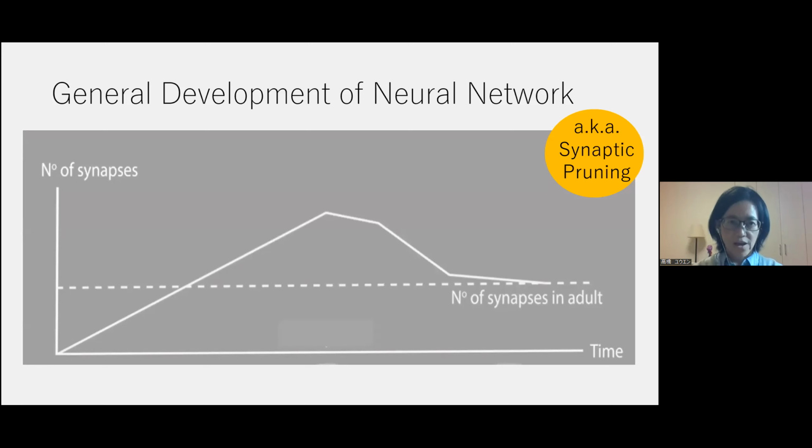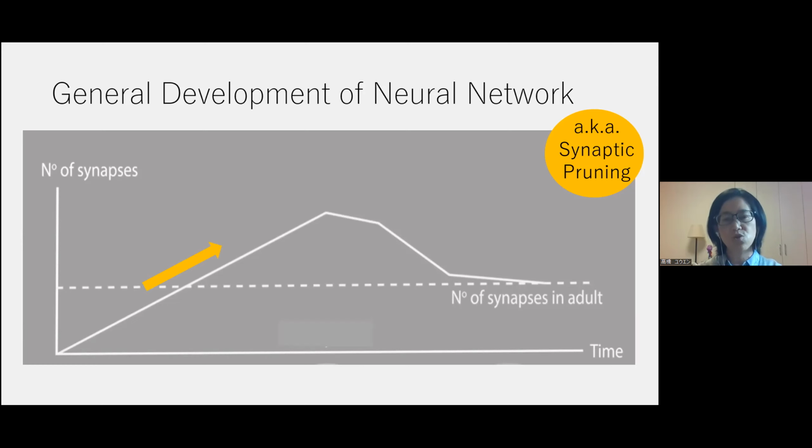This is a graph showing the general development of our neural networks. At the very beginning, at the left side of the graph, is when we grow as babies, that when babies are born, they start receiving a lot of stimulations from the environment. So the nerve connections or the synapses begin to grow very rapidly.